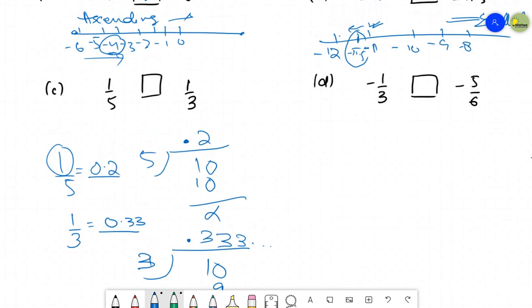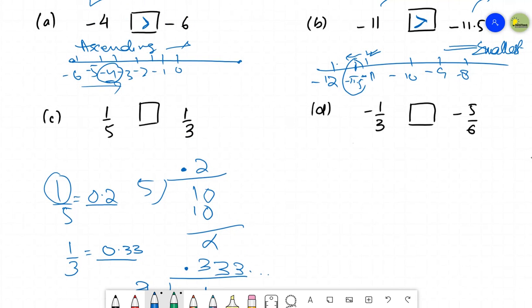So we can easily compare these two values. 1 upon 5 means 0.2 and 1 upon 3 means 0.333. So it's very clear that in these two values, 0.333 is going to be the bigger one, right? Since both the values are positive, you just need to see the value itself.